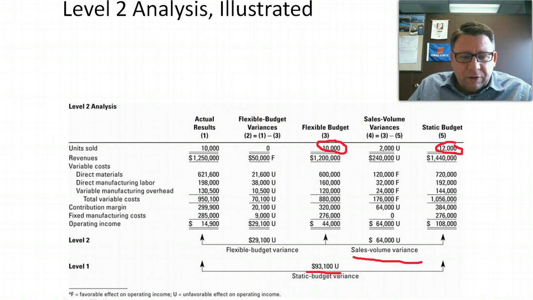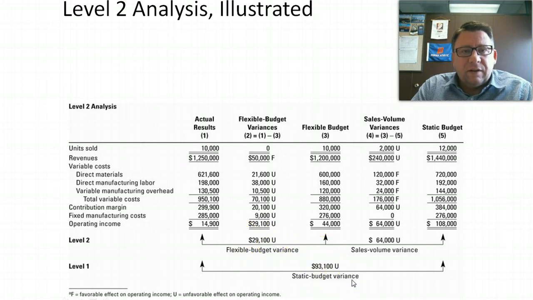Remember, the flexible budget variance has the same level of volume. So what is different is our revenues per unit and our cost per unit. And in this case, 29,100 unfavorable is how much of our static budget variance was caused by that.